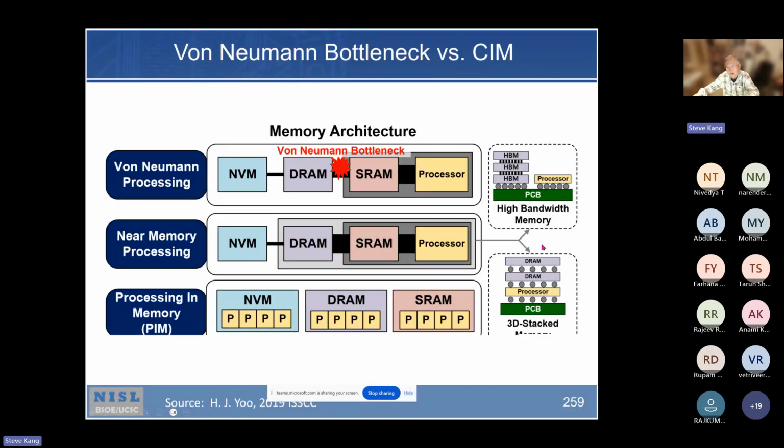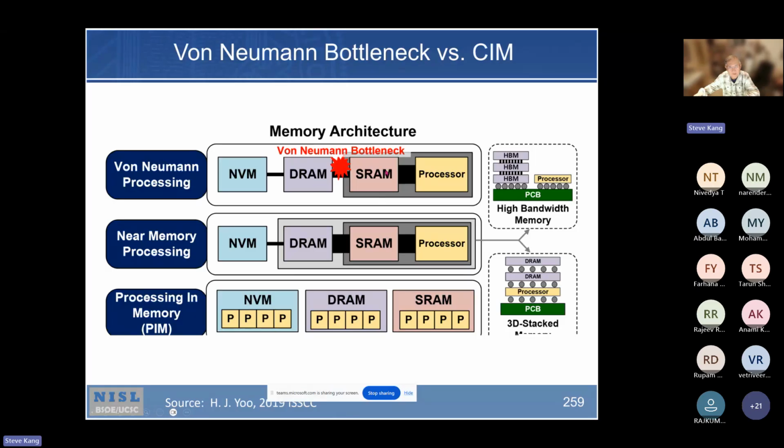Or you stack memory on top of a processor. But better yet, processing in memory, PIM, or computing in memory, distributes memory function into the processing unit, DRAM, SRAM, non-volatile memory, etc. So you do computation within the chip, thereby cutting down the need for traveling back and forth.